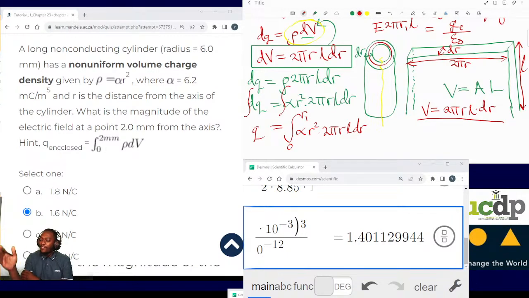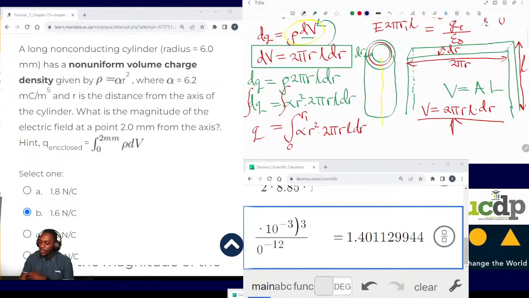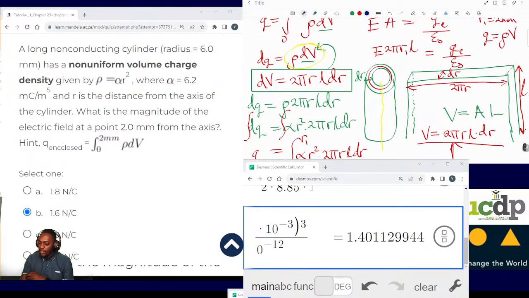Then in place of dV, we have just put this expression, which is 2 pi r L dr, length times width times height, so that we can get the charge enclosed. And once we get the charge enclosed, what do we do with it? We now come to this expression.